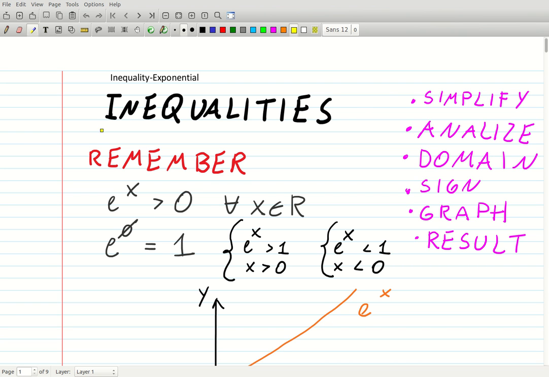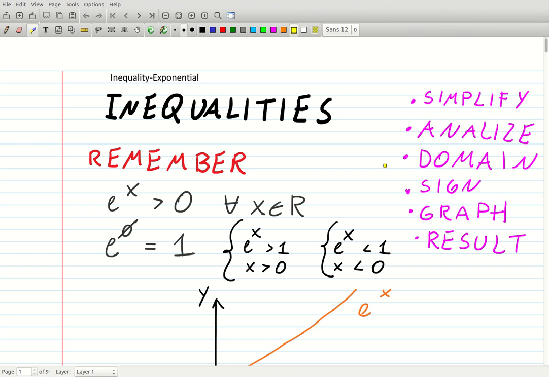This new video will be about inequalities. Of course, we continue to use the 5 points we developed to study inequalities. We simplify if we need. We analyze the function to cut it into pieces. The pieces will be elementary functions we already know.